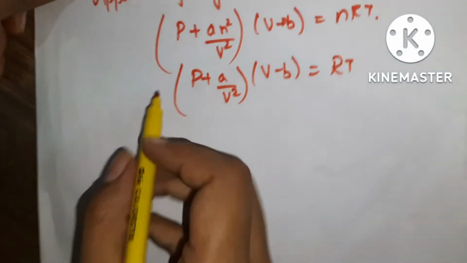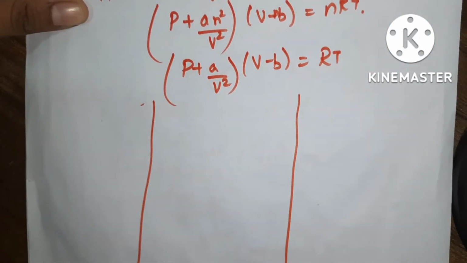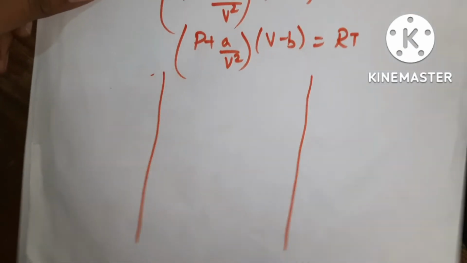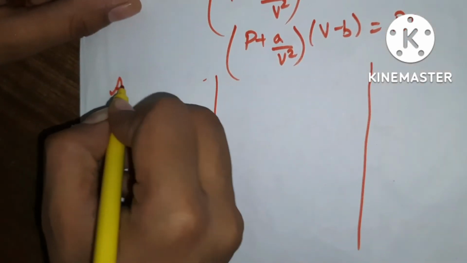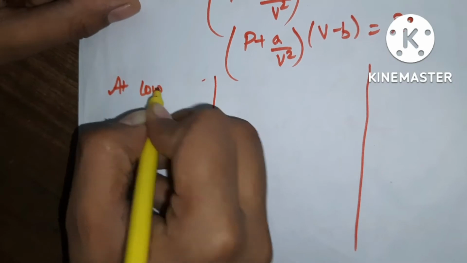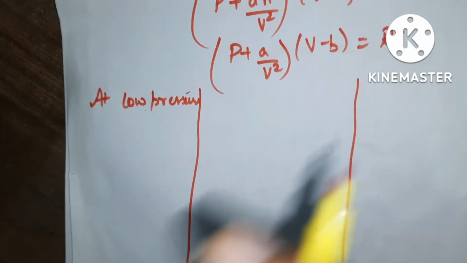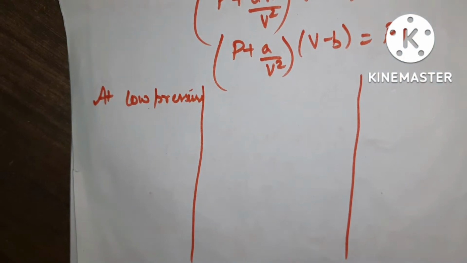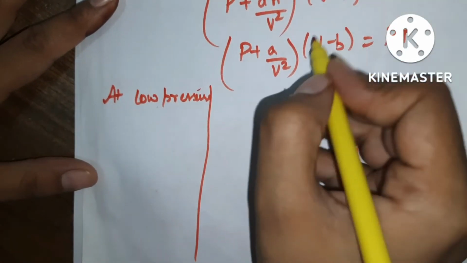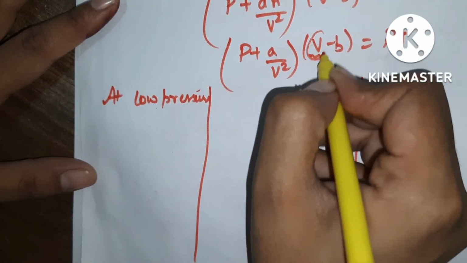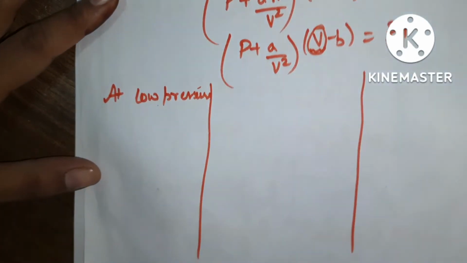Suppose I have three conditions. First, at low pressure. If the pressure is very low, then the gas particles can move from here to there. Volume will be large; this V term is very, very large compared to the excluded volume.